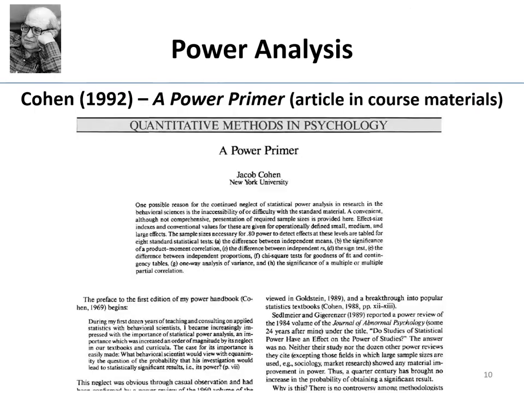Again, Cohen's article, A Power Primer from 1992, is a famous study in statistics, and it sort of revolutionized power analysis overall. You definitely want to download this. You're going to need it for your dissertation.